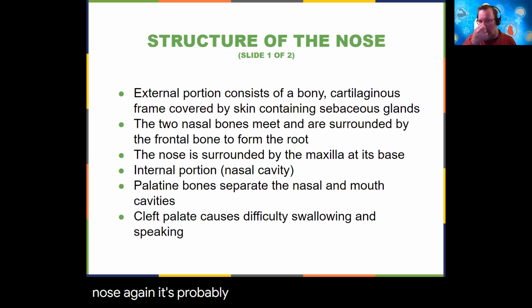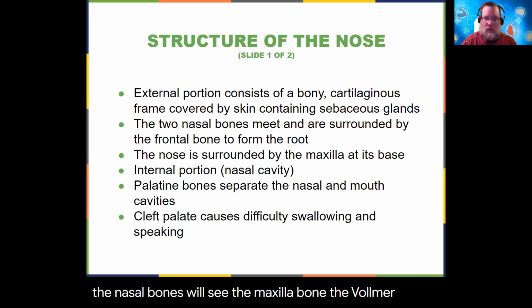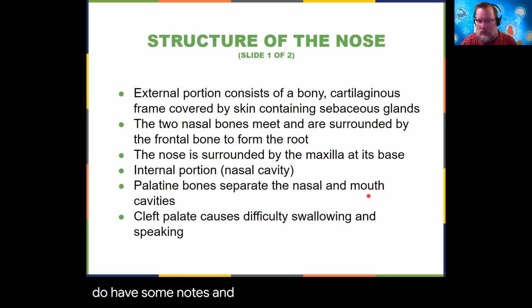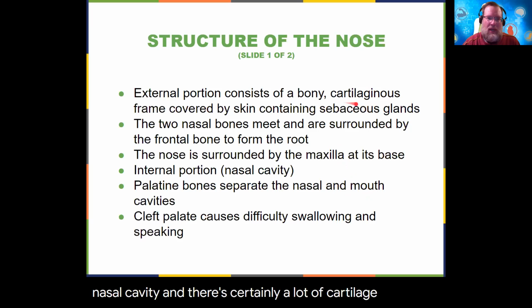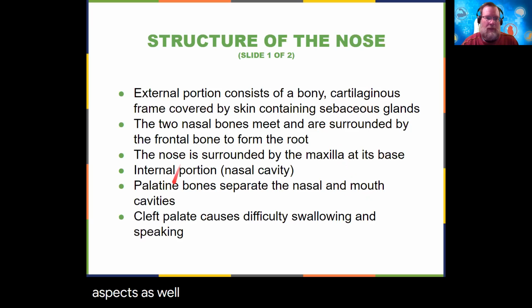Again, it's primarily cartilage, and then we've got some bone involved, right? We'll see the ethmoid bone and the nasal bones. We'll see the maxilla bone, the vomer. So we do have some bones that make up part of the nasal cavity, and there's certainly a lot of cartilaginous aspects as well. Okay, and again, we've got the two nasal bones up top, and maxilla at the base. So the floor of the nasal cavity is going to be the maxilla bone.